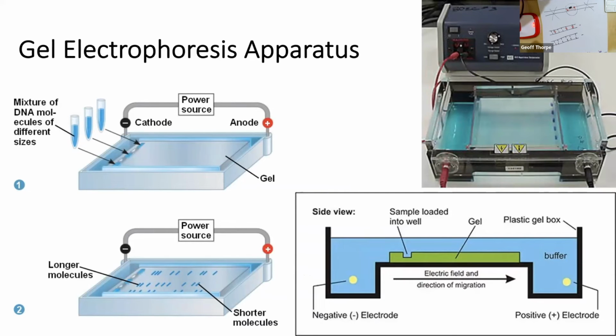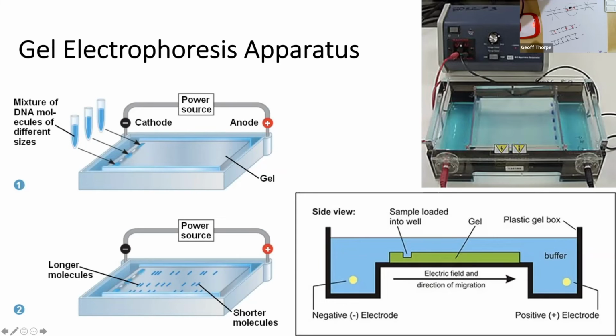There are just a few pictures showing you what the apparatus looks like. Firstly, let's start here at the top right. That's just an actual photo of what it looks like, but it's not really clear what's going on there. So let's look at a couple of diagrams. This one here in the bottom right is basically a side view of just this plastic gel tank.